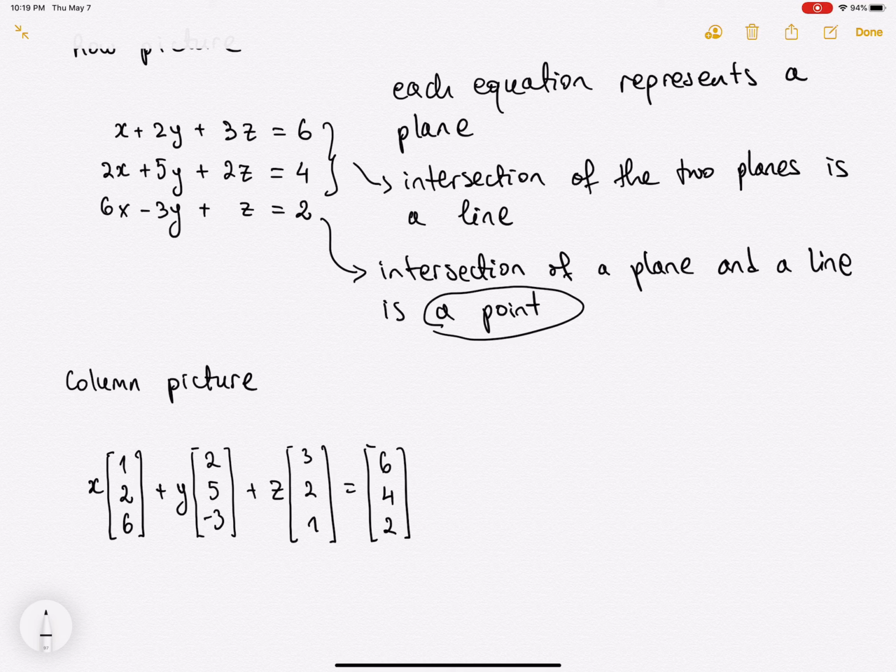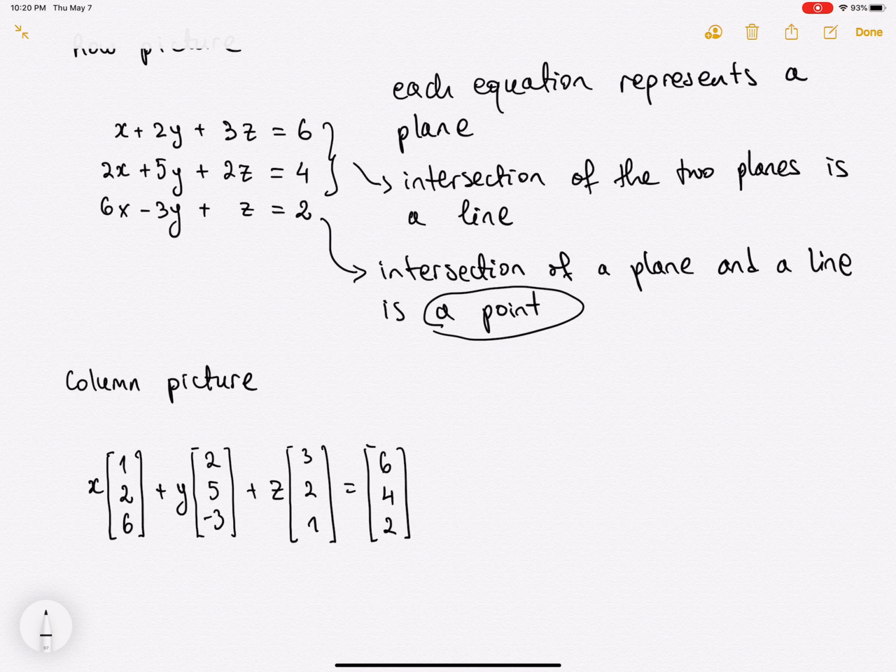There is no number in front of x in the first equation, but that just means x is multiplied by 1. Then the second vector records the coefficients of y, and the third column vector (3, 2, 1) records the coefficients of z. Finally the right hand side gives us the vector b.